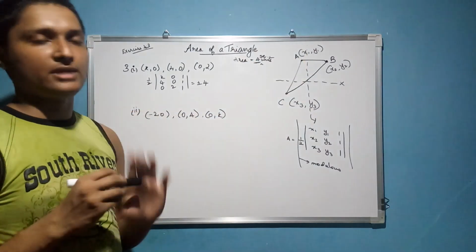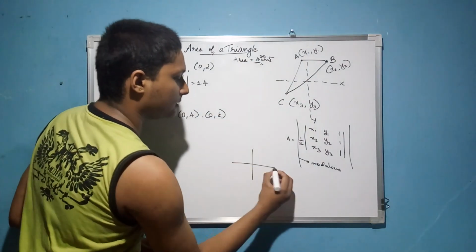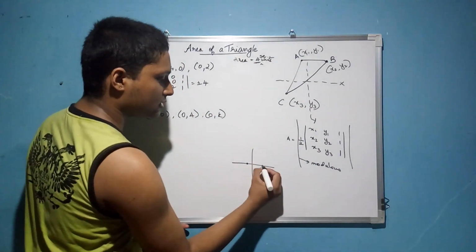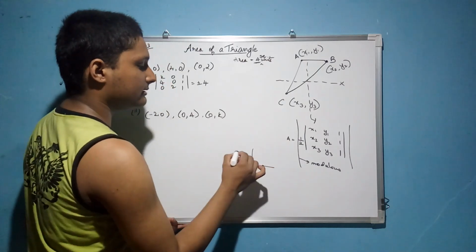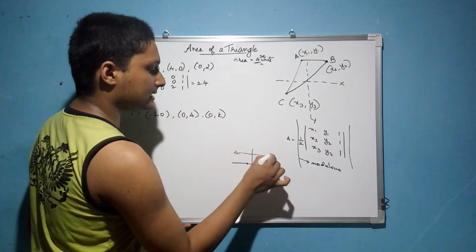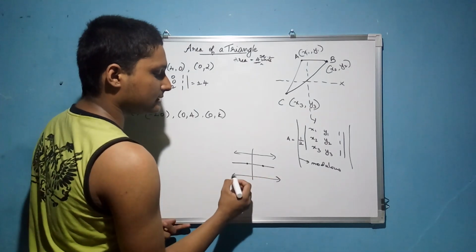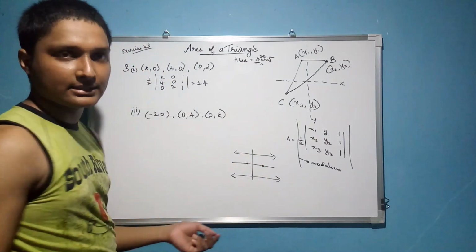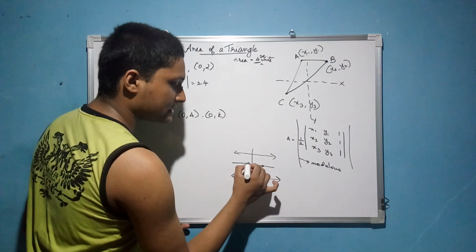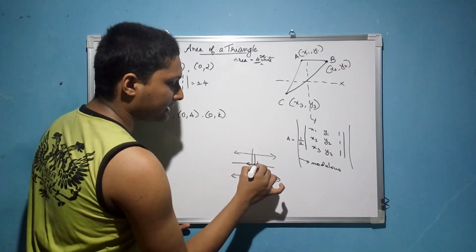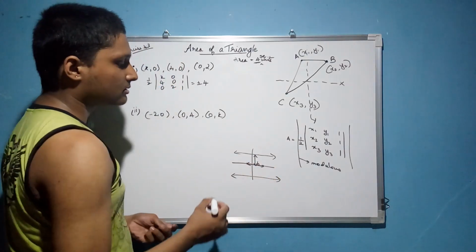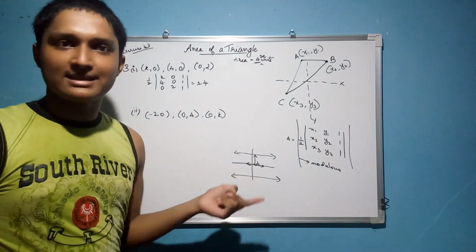Even if you consider the Cartesian plane, if you are given 2 points properly here, there can be any point on this line and any point on this line that have the same height. Since this forms the base, the height is the same, right? So area depends only on base and height.